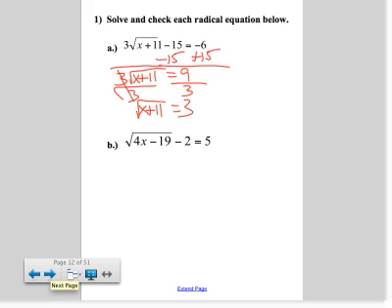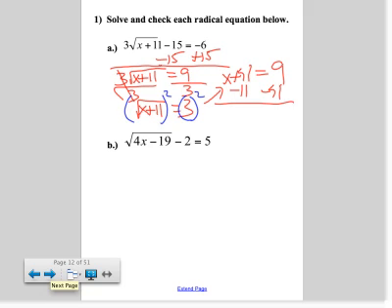From there, I've got to get rid of the square root. The way I get rid of the square root is by squaring both sides, and we just saw earlier that we're allowed to do that. So what I end up with is x plus 11 is equal to 3 squared, which is 9. Subtract 11 from both sides, and you end up at x equals negative 2 as your final answer.